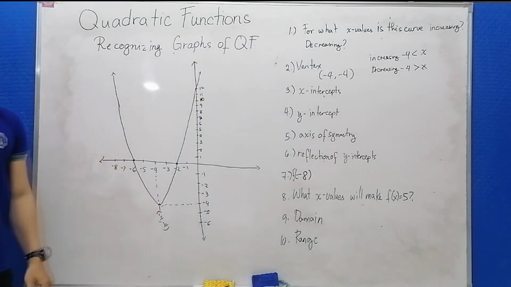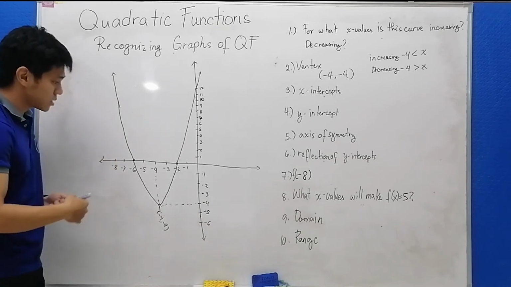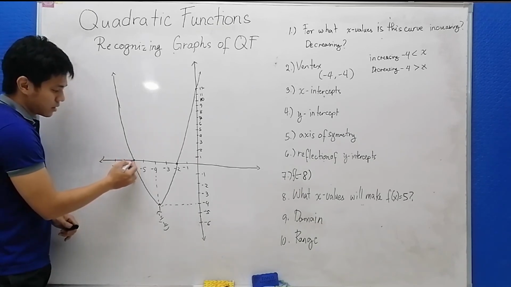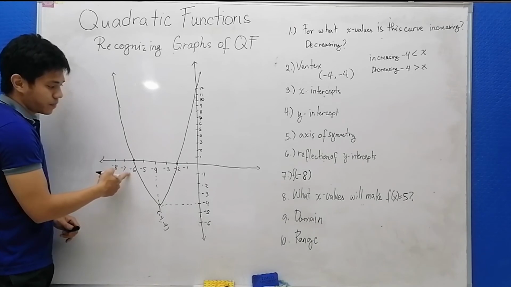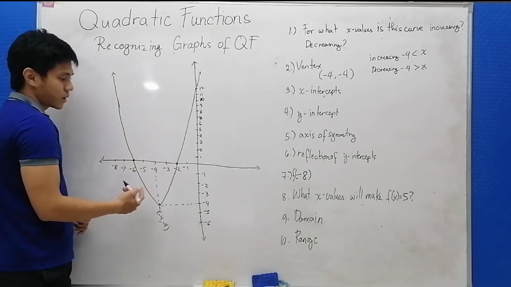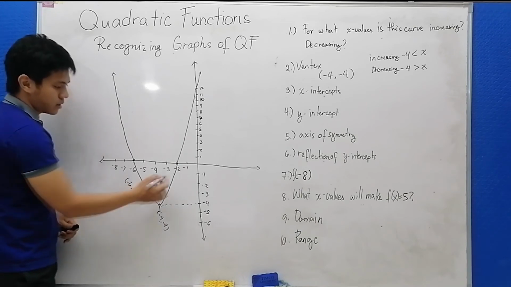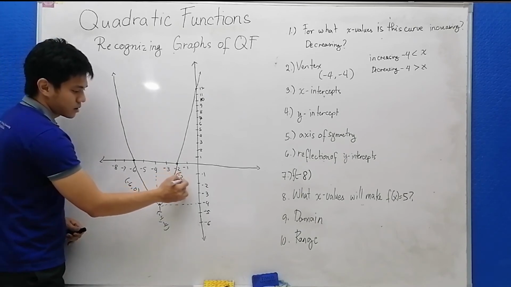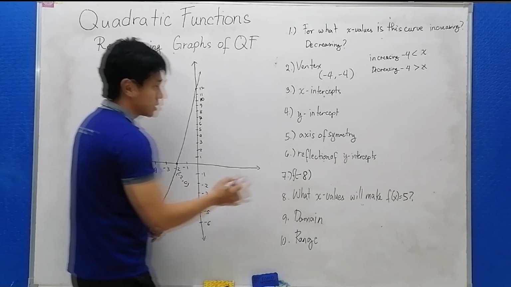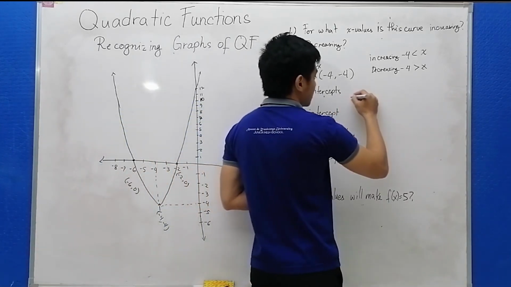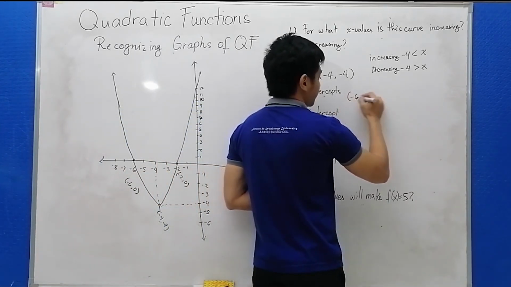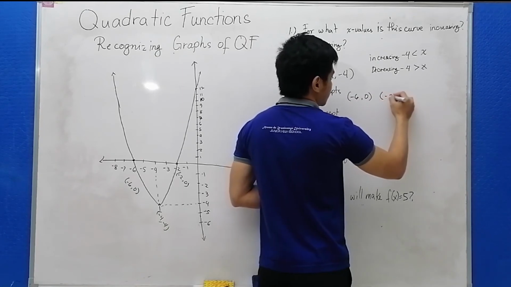We have 2 x-intercepts here, at -6 and -2. So the coordinates for our x-intercepts are (-6, 0) and (-2, 0).